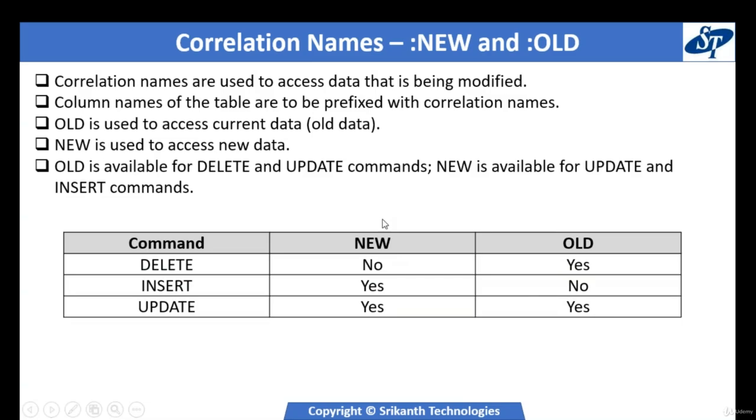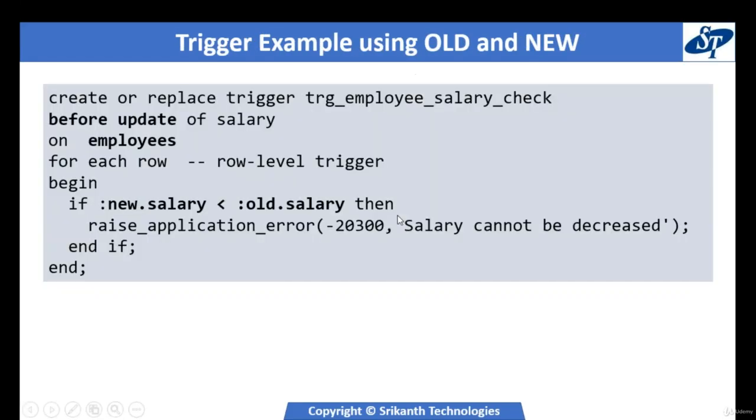And another important point, only if you are using row level triggers, these correlation names are available to you, because you are executing the trigger for each row. In case of a statement level trigger, where we are not taking each row into account, these correlation names are not available.